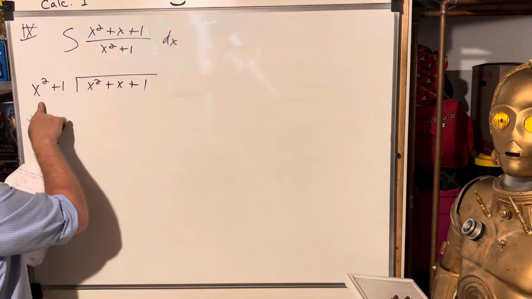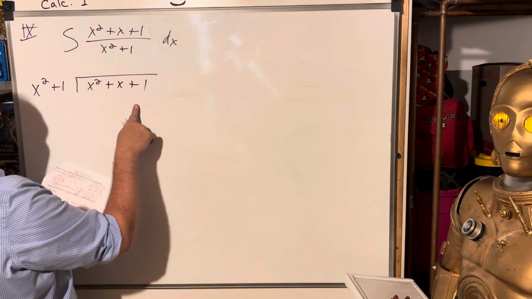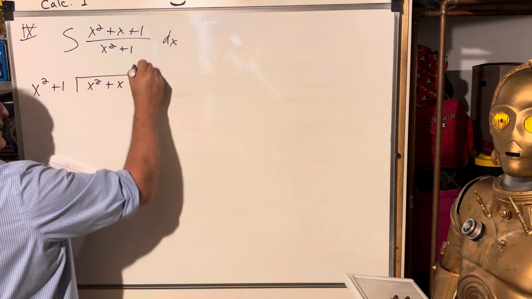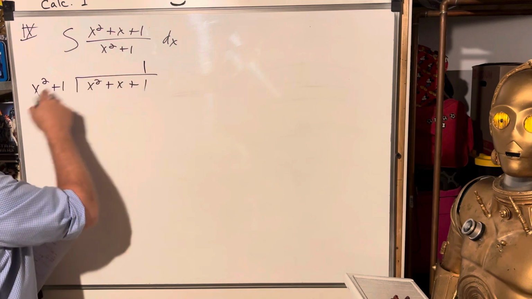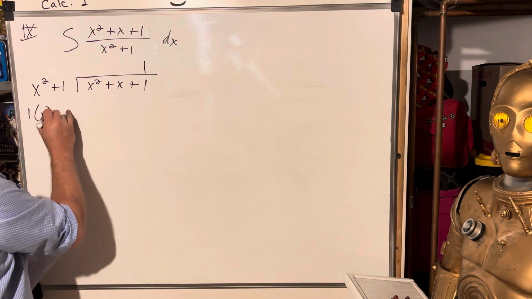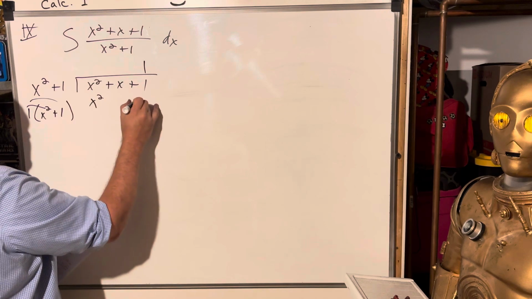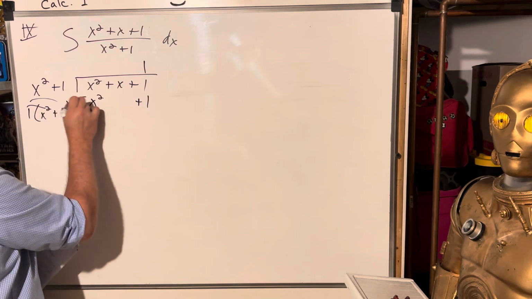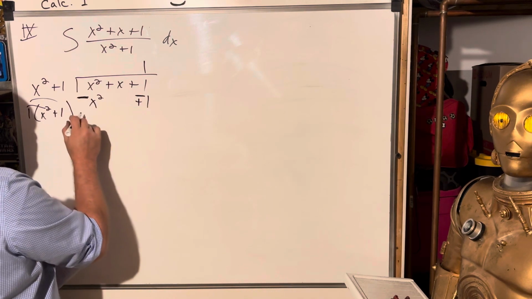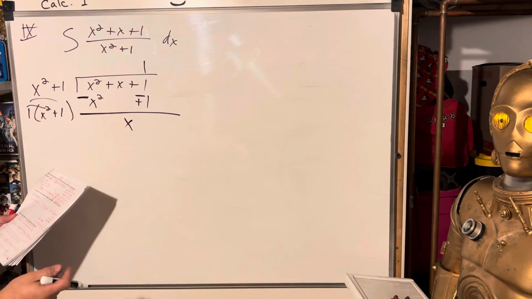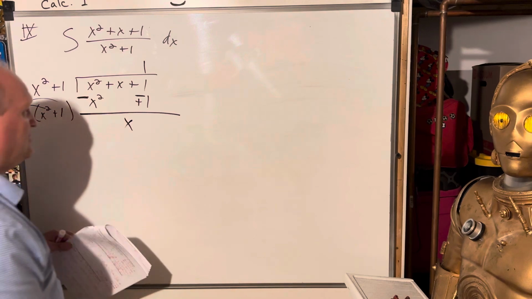And so you think, okay, what is that? Just 1, right? So 1, and then I multiply that here. Do the distributive property, x squared plus 1, and then I make them both minuses, because I always subtract that. And then bring down the x, and so that's the remainder.